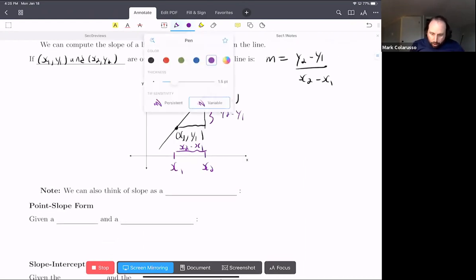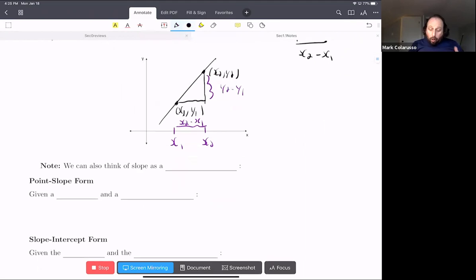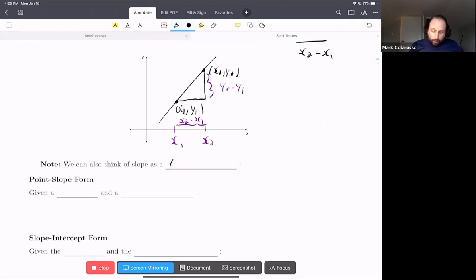So just to foreshadow that, we can also think of the slope as a rate of change. And this m is really the change in the y coordinates as a ratio in relation to the change in the x coordinates.